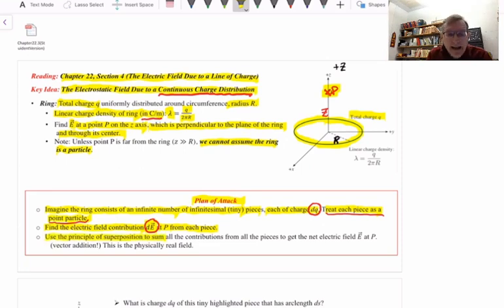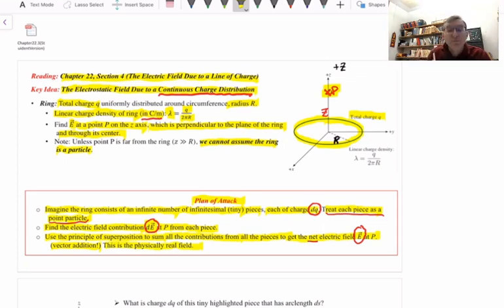That just means add. We will add up all the contributions from all the pieces of the ring to get the net electric field, which we will then just label E arrow at point P. Please note this is vector addition, not scalar addition. And it is that net electric field at point P that is the physically real electric field that you would measure.